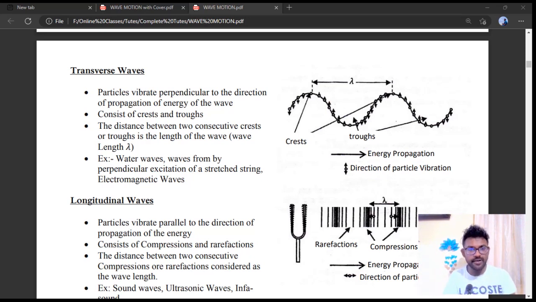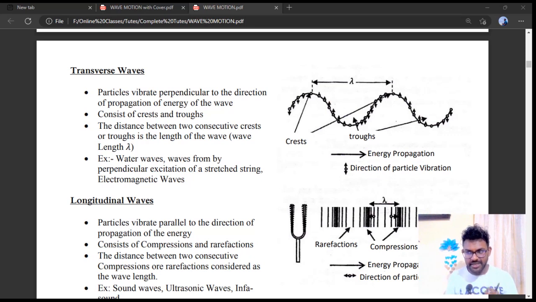The examples are these: as I told you, water waves, and waves we can form by perpendicular excitation of a string. Let's say you have a string and you wiggle it back and forth like this, right? The wave is propagated by perpendicular excitation. And the electromagnetic waves, okay.